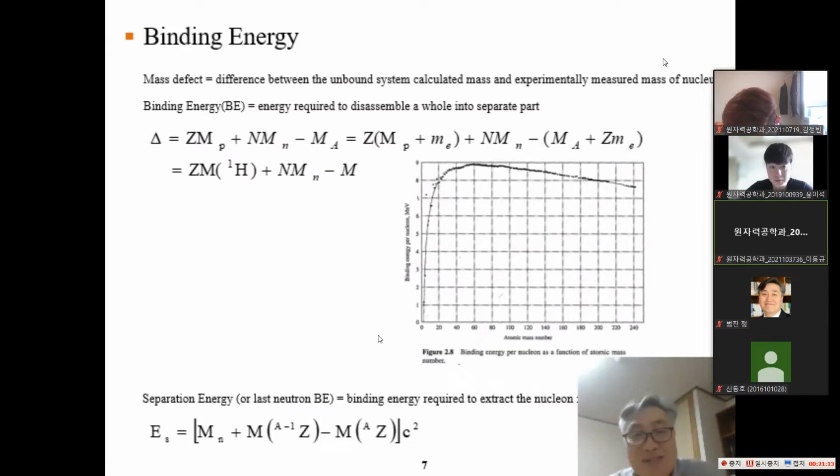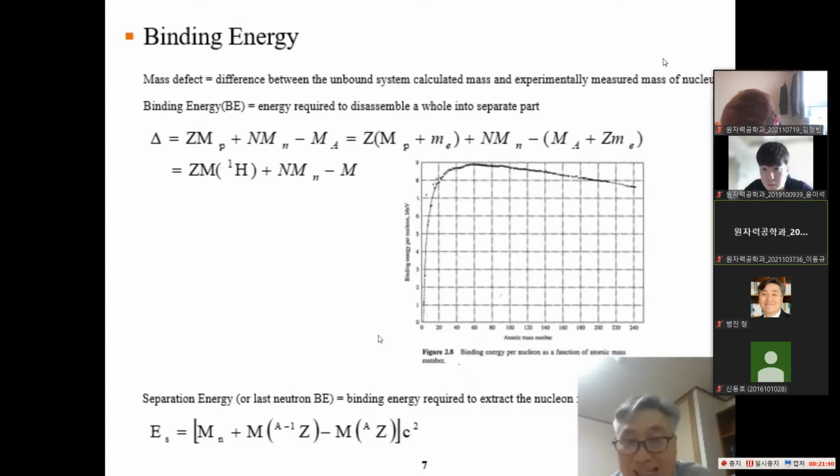So this is the basic concept of binding energy and mass defect. Figure 2.8 shows binding energy per nucleon. Per nucleon means, for example, uranium-238's atomic mass number is somewhere here, 238.